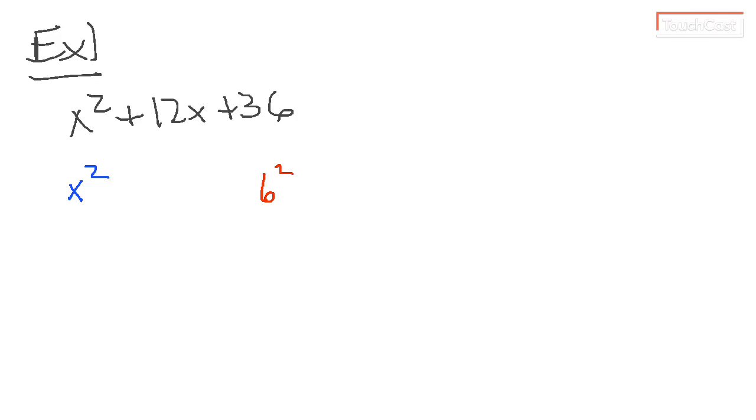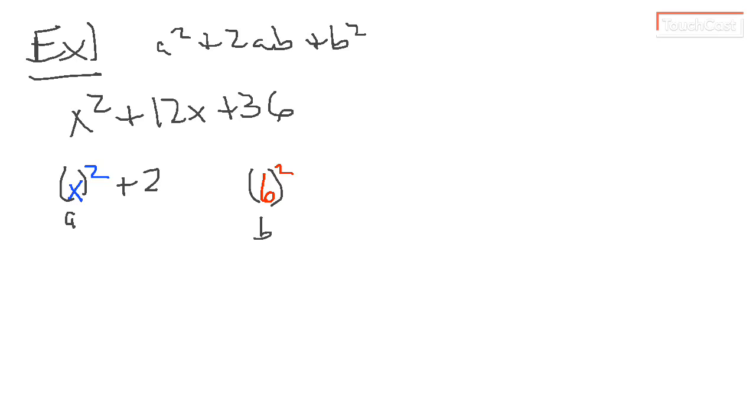So can we now write the middle part as 2 times x times 6? In fact, let's put the x and the 6 in parentheses. If we can write it as a squared plus 2ab plus b squared, which so far we know a is x in this case, and b is 6, if we can write 12 as plus 2 times x times 6, then we can factor this.